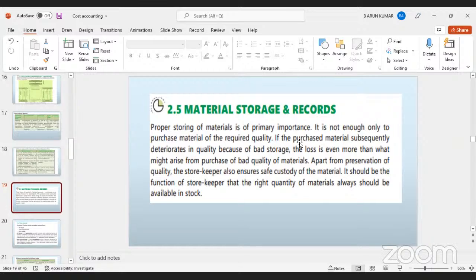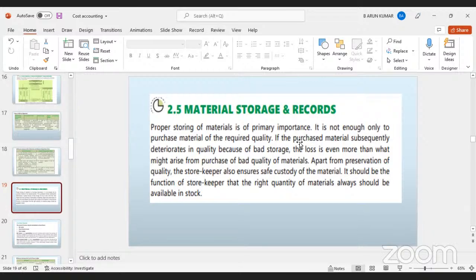It means why we are storing materials, it is of primary importance so that our production is continuously going on. So every day we require a different type of material. Within a short period we don't get that material from the suppliers.